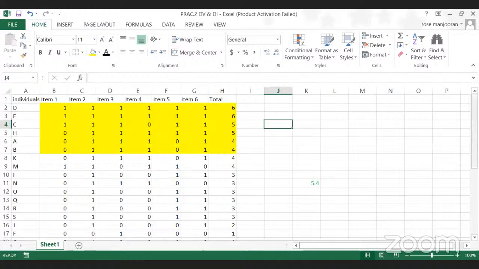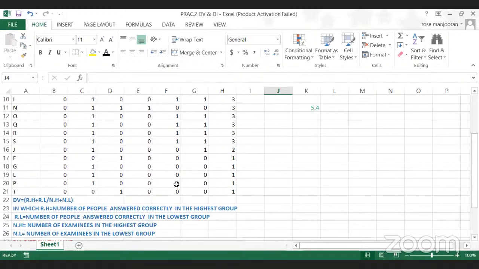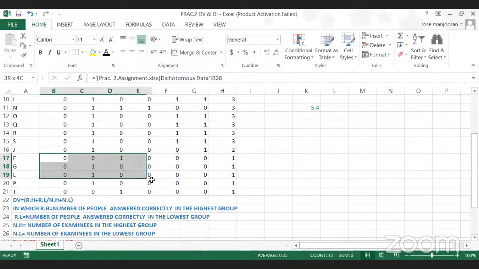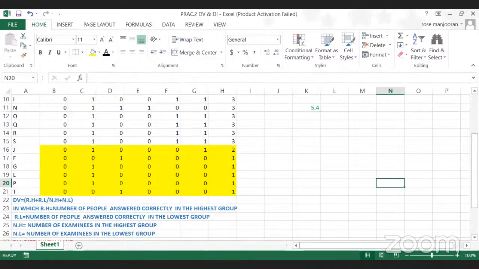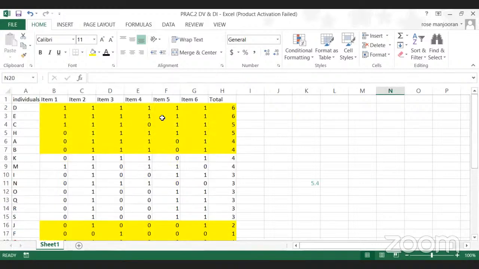Then I'm going to the lower group and do the selection here, that is 6 of them again. Then again I'm going to color this. So this is the lower. So here we can see 6, and here we can see 6.